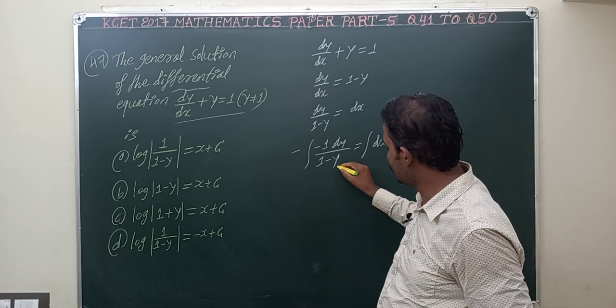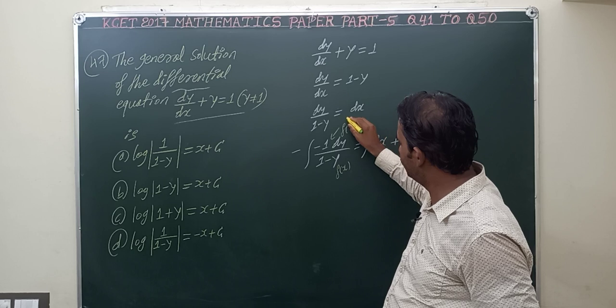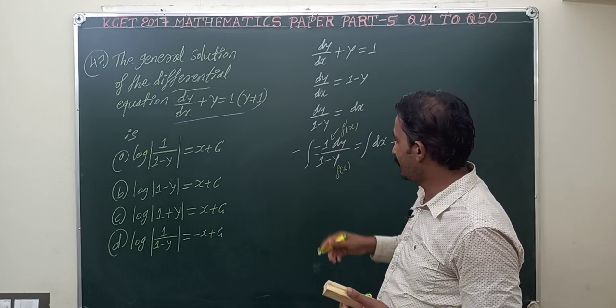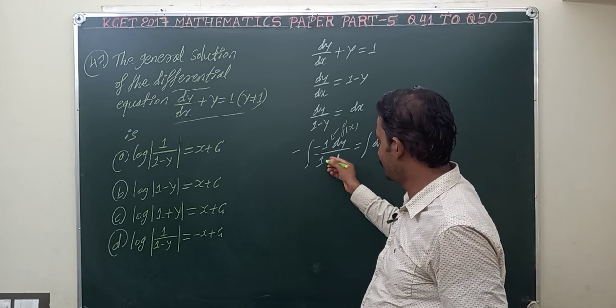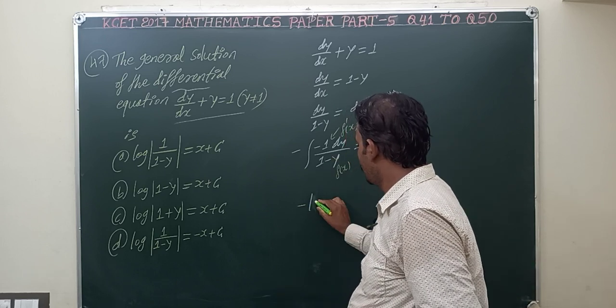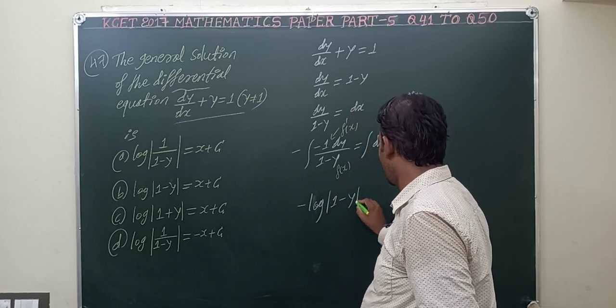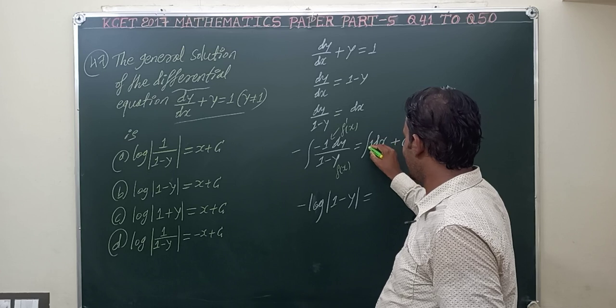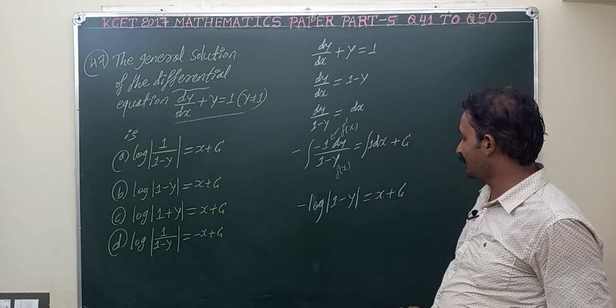This is f of x, and this is f dash of x, which is minus 1. Using the differentiation formula, this can be directly written as minus log of modulus of f of x, nothing but 1 minus y, is equal to x plus the indefinite integral constant c.